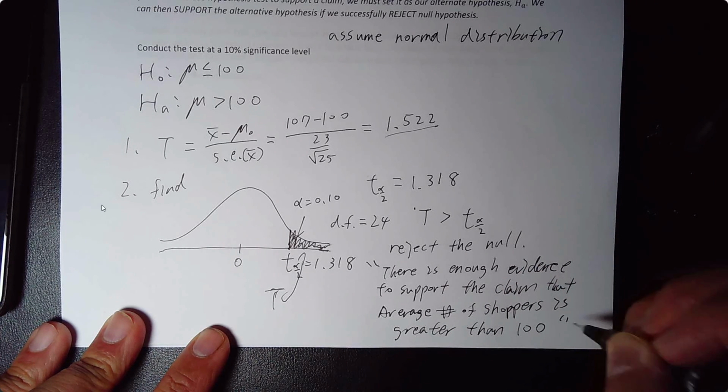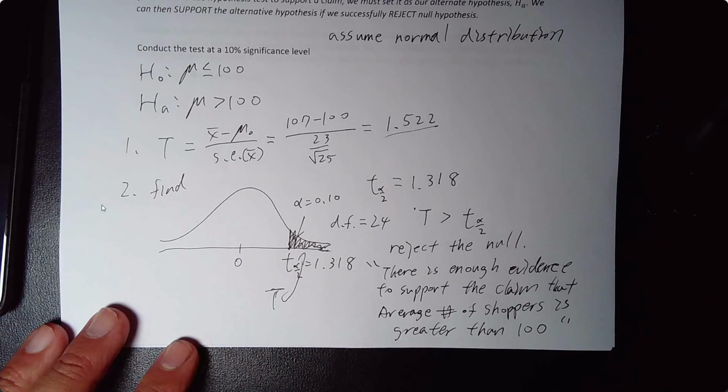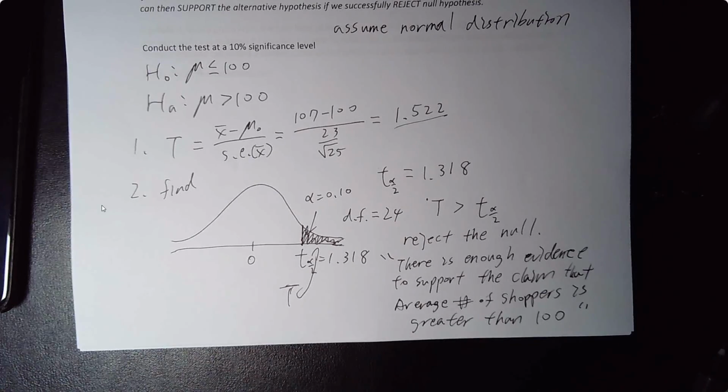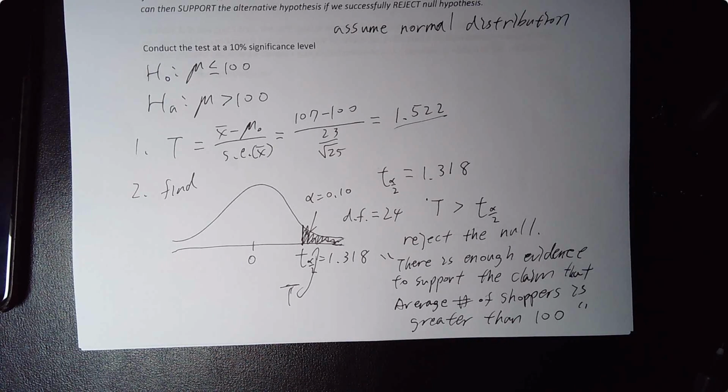Okay, now because we reject the null hypothesis, we can support the claim, but we can only support the claim if it's in the alternative hypothesis.